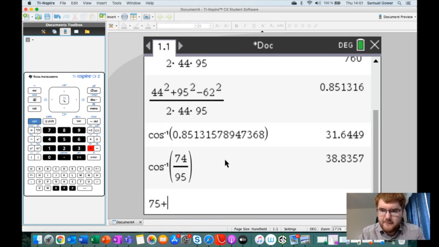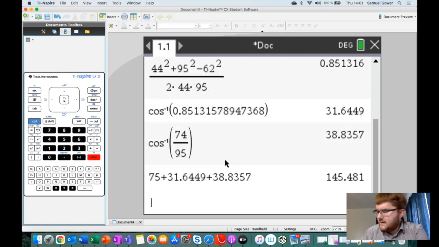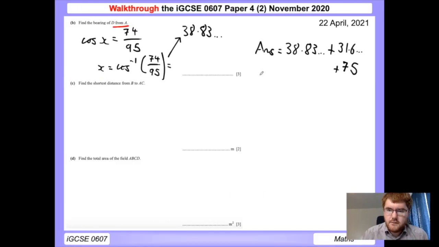So I'm going to put 75 plus 31.6449 plus 38.8357. This then gives me the correct answer, 145.481, dot, dot, dot. But generally they want this to three significant figures, so 145 degrees is going to be our total angle.